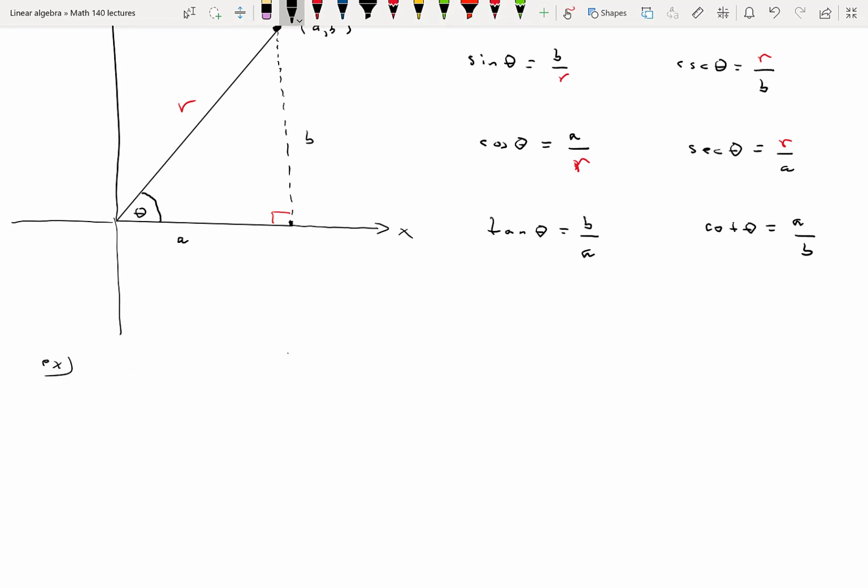So for example, find the exact value. What does find the exact value mean? It means no calculators.